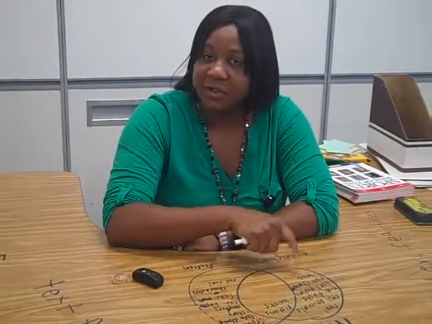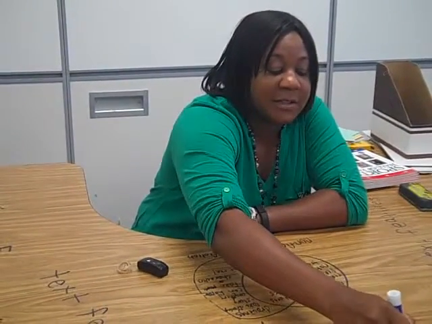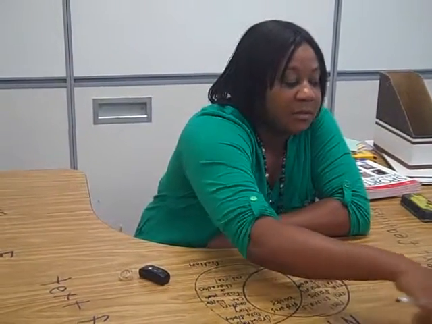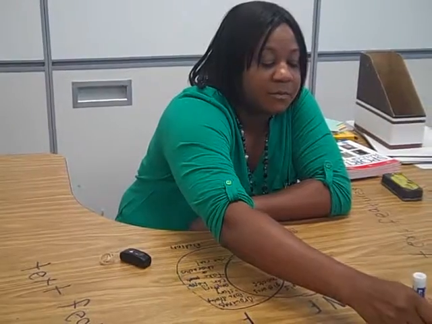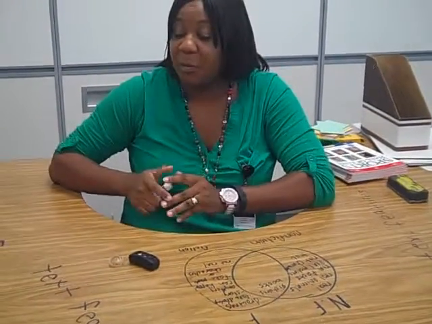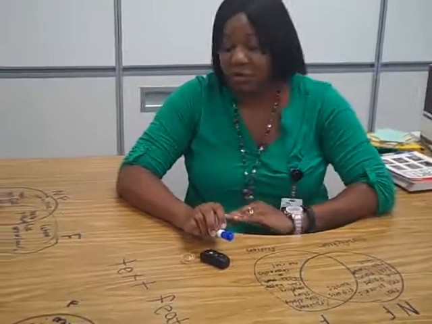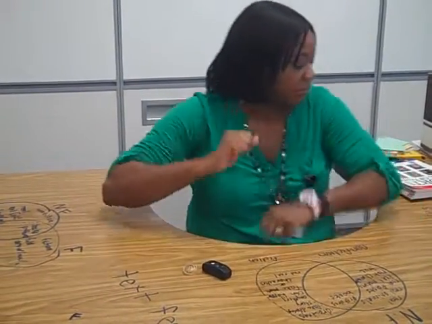I want you to go ahead on your side of nonfiction, write text features. And it should be spelled right because I wrote it down for you. Because tonight when you take your book home, I want you to talk about text features in a nonfiction book.